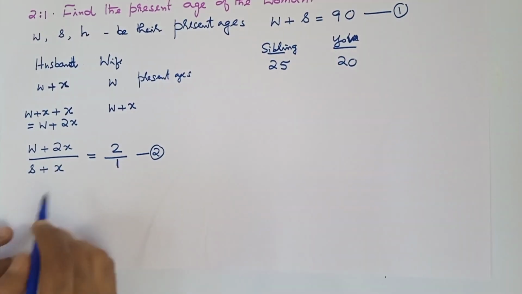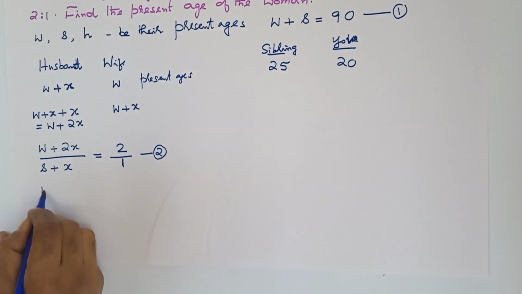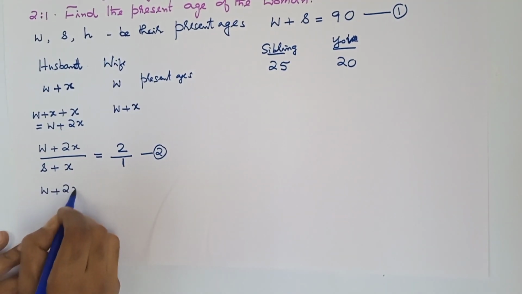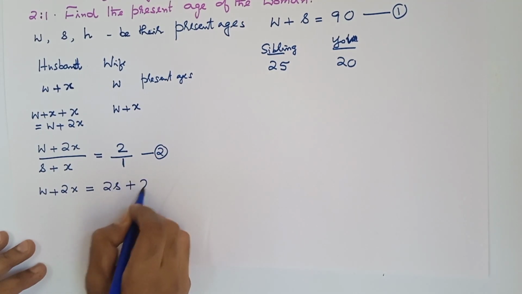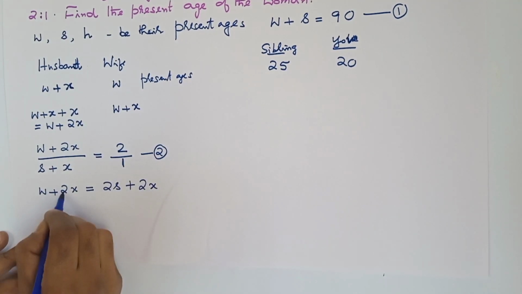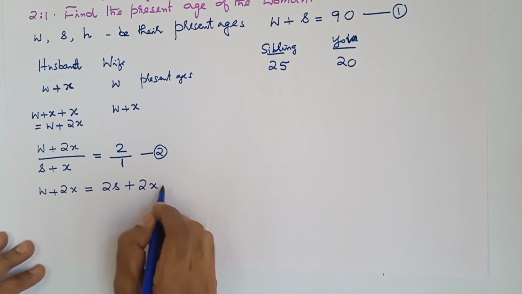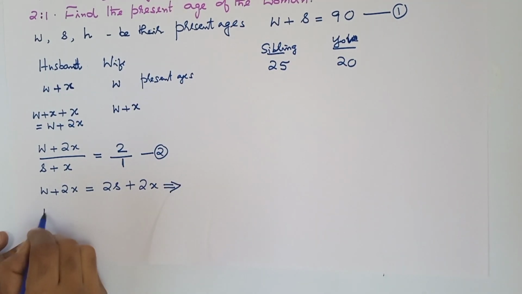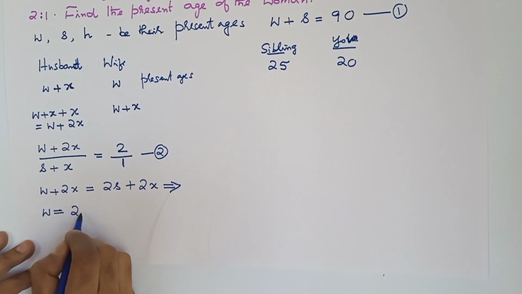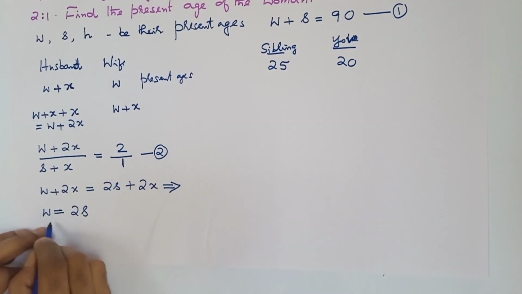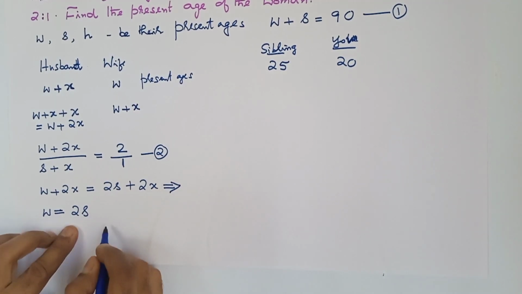Now let us simplify this. Cross multiply. X common, so that will cancel out. Okay, we got W equal to 2S.